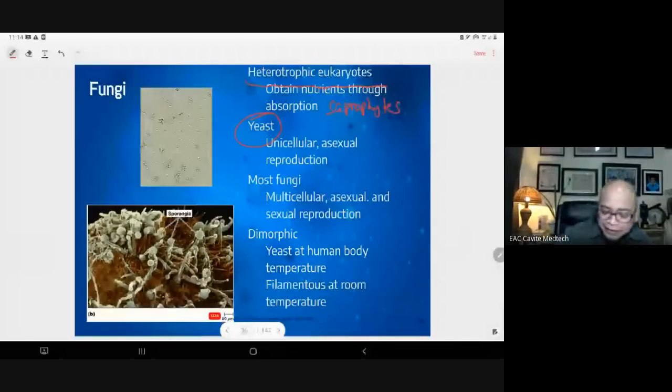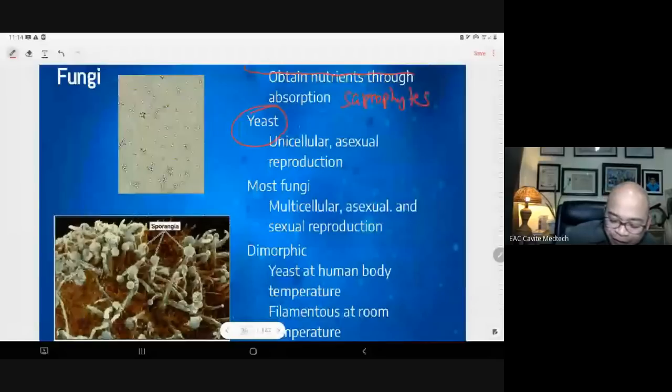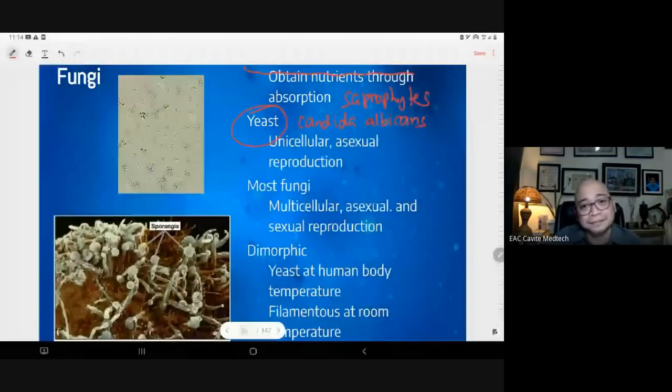But aside from yeast, I'll give you another example, Candida albicans. Candida albicans is another example of yeast, and they are unicellular microorganisms.